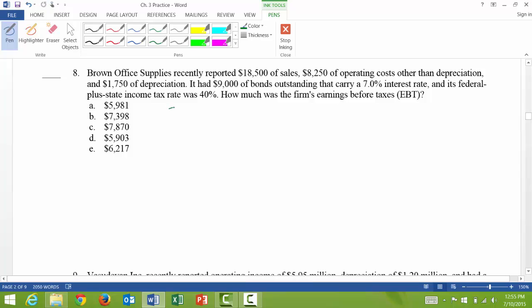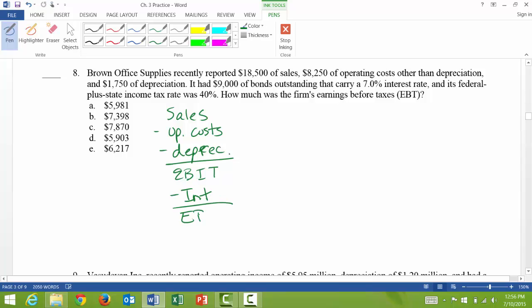And so for this one, you'll want to write down that you have sales minus operating costs minus depreciation. Sorry about that. Minus depreciation. My hand hit something. And then you get your earnings before interest and taxes. And then you subtract your interest expense. And then you get what they're looking for, earnings before tax.